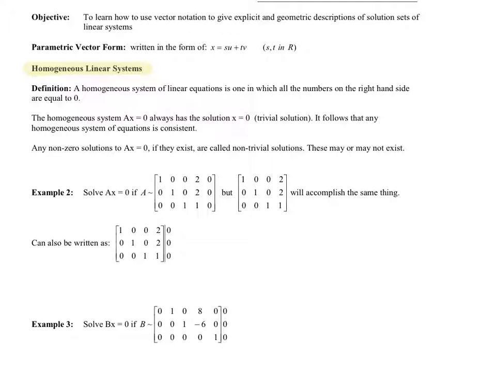I would say that's the trivial solution because that's the one that would work no matter what. So then I would ask, what about a situation where x is some non-zero vector, but also gives a result of 0 through multiplication? That's the non-trivial case. Because we know we can always get to a 0 if x is 0, but can x be something other than 0 and still give us a result of 0? That's the important thing.